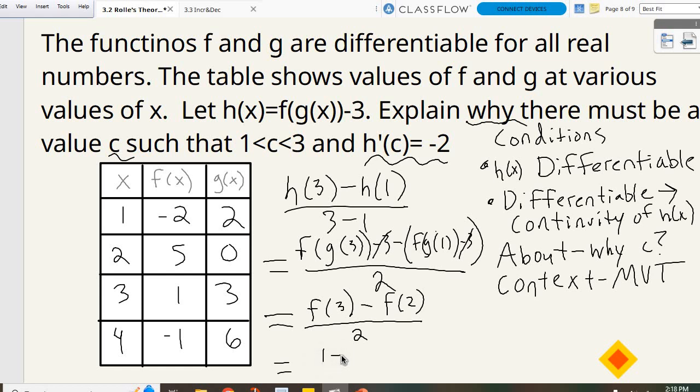What is f of 2? 1 minus 5 gives us, divided by 2 gives us -2, which is what we wanted, because remember we wanted to be able to say that h prime of c equals -2. So we needed our average rate of change to equal -2.